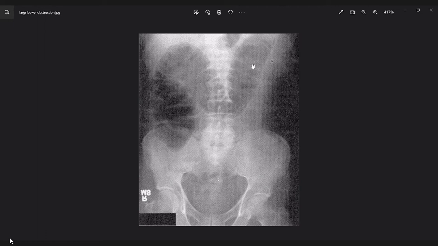Yeah, we call this a closed loop obstruction. So you're blocked here. But the good thing in many instances is that pressure is offloaded into the small intestine, so the small intestine eventually dilates. But if the ileocecal valve is holding, that pressure is going to build up pretty rapidly in the cecum. And what do you think is likely to happen rather quickly?